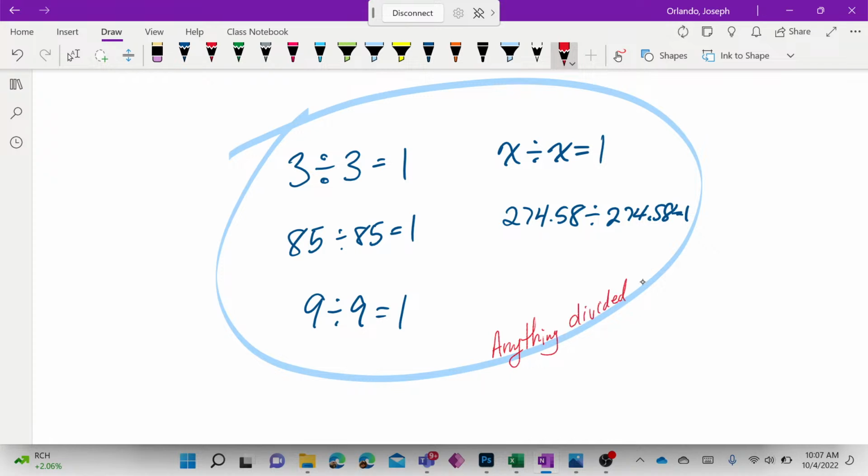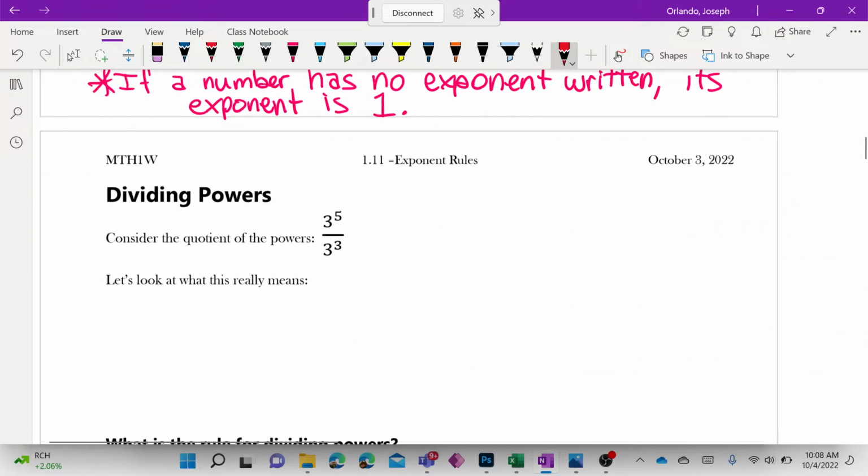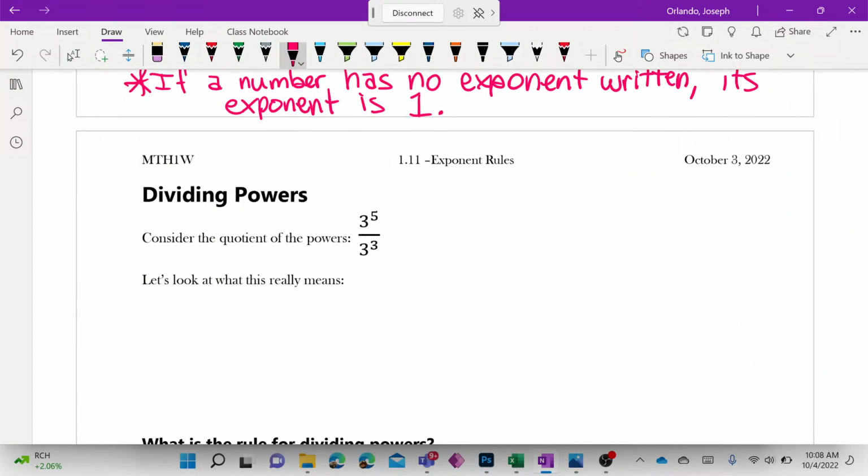That's important because we're going to use this fact over here. You don't have to write this, though if you want to scribble it in the corner, that might be helpful. In fact, let's scribble that. Reminder: anything divided by itself is 1.